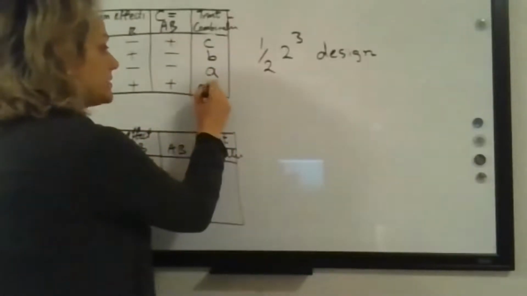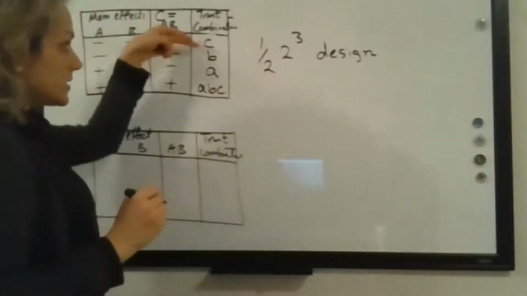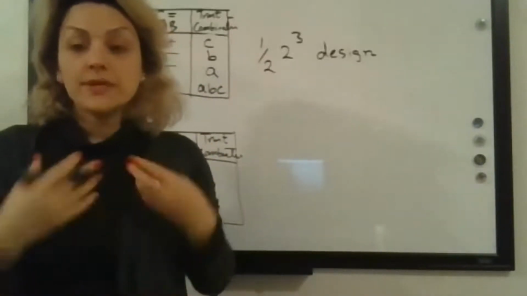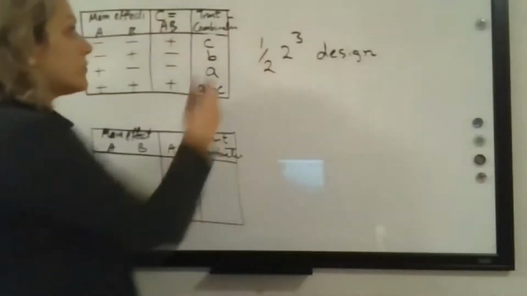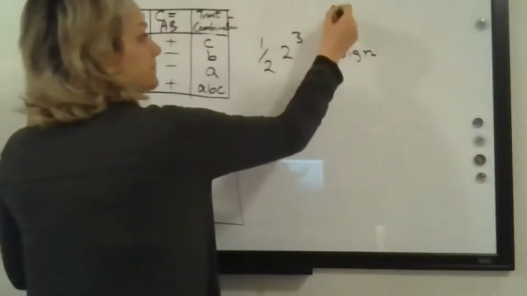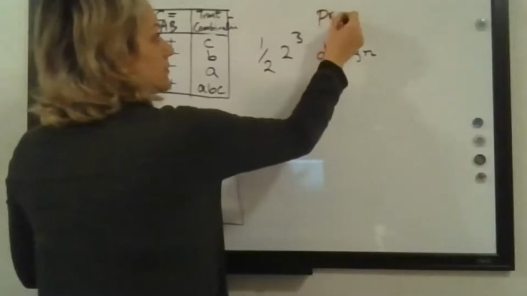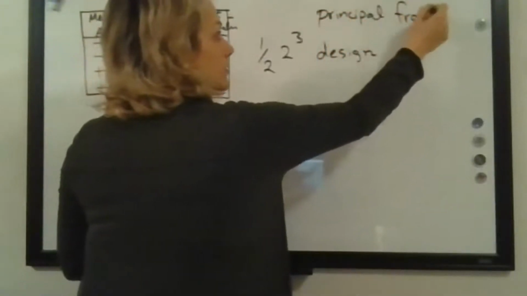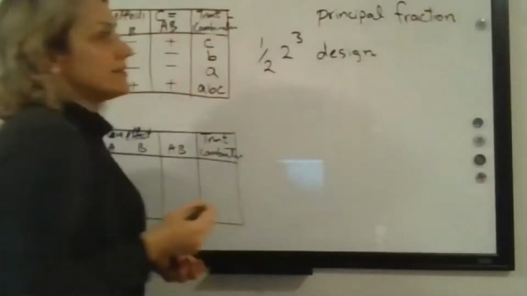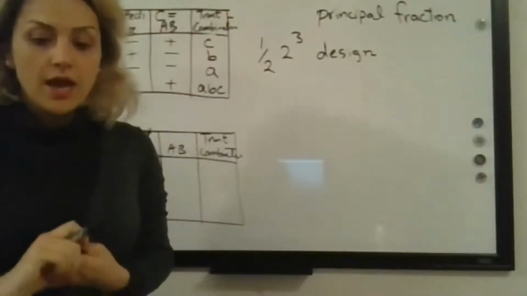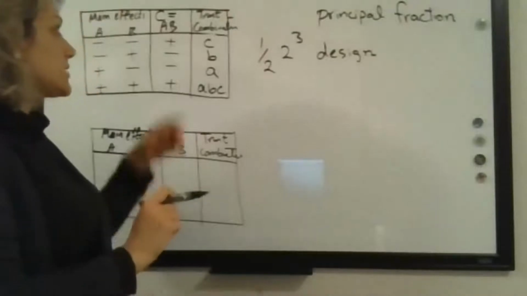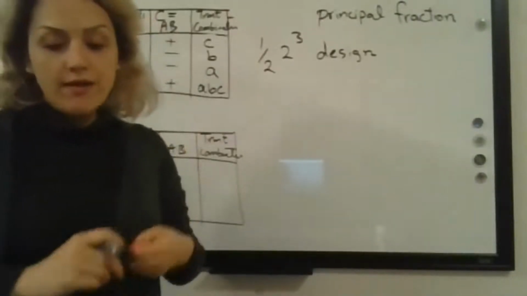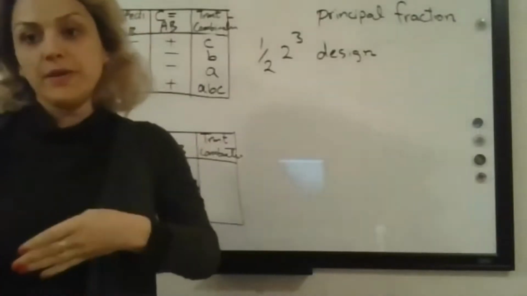So it's C, B, A, and ABC, and I'm going to name it the principal fraction. What we did in this principal fraction was say that C is equal to AB. In fact, we assigned C to the AB column.